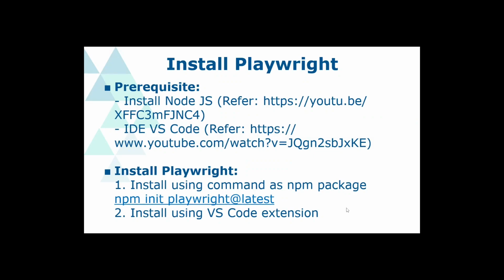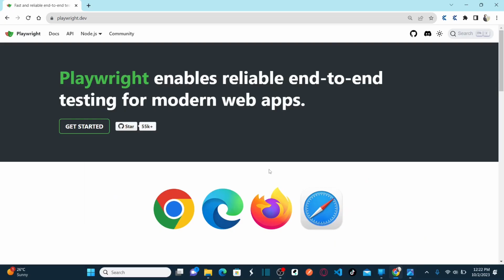Okay, so to install Playwright, following are the 2 prerequisites. The first one is you need to install Node.js. Why do we need to install Node.js? Let me explain quickly. So let us go to Playwright, right? As I explained in my previous sessions, you can automate your test cases by using Playwright automation with all these different programming languages.